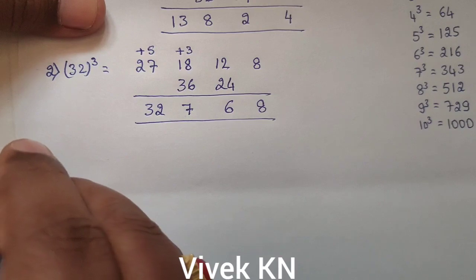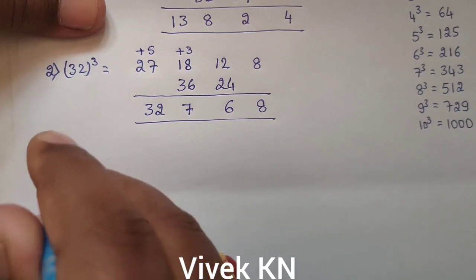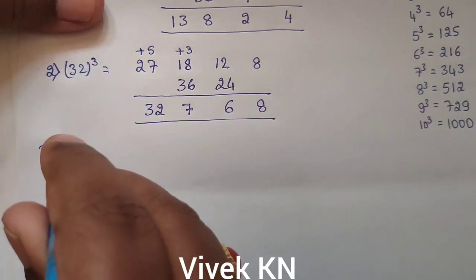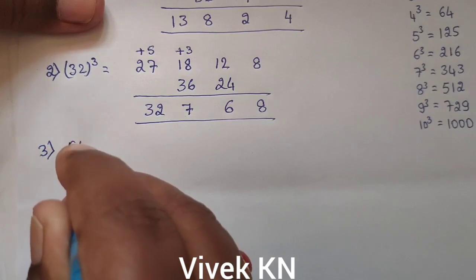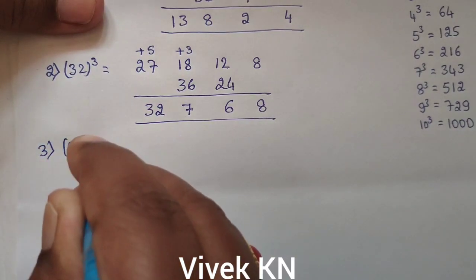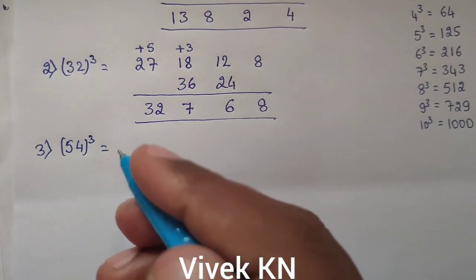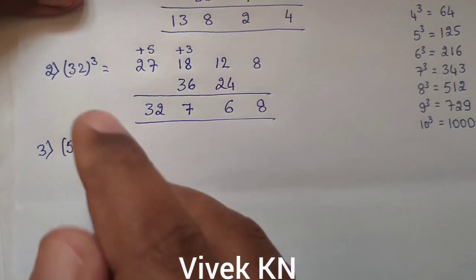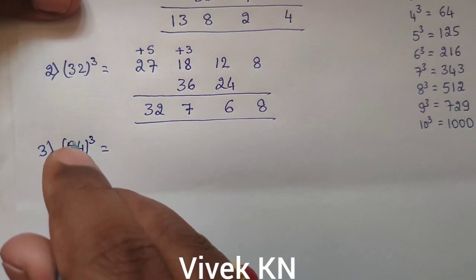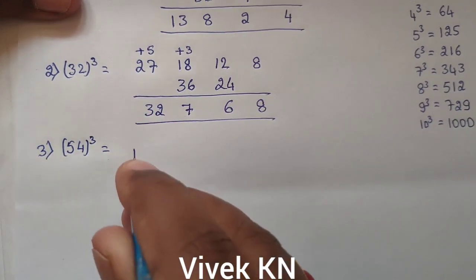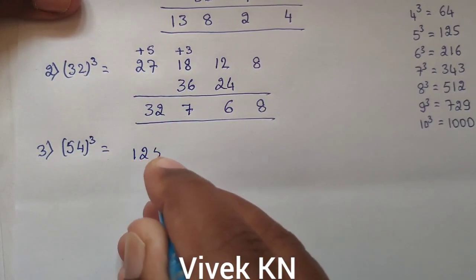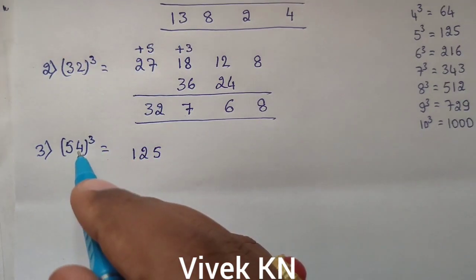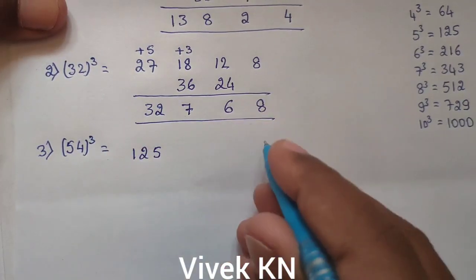In the third example, let us cube the number 54. That is 54 whole cube. In the first step, we have to cube each digit of the given number. So here 5 cube is 125 and 4 cube is 64.